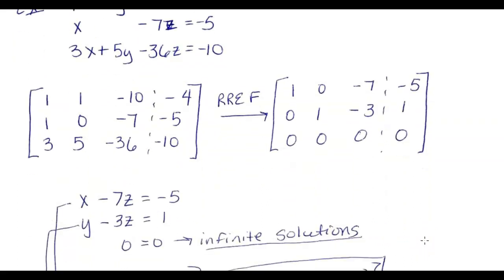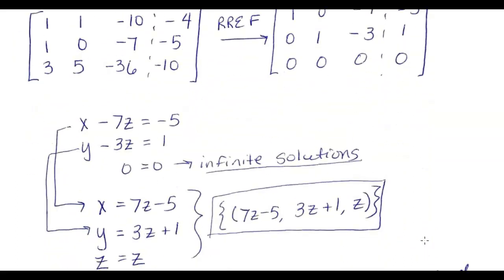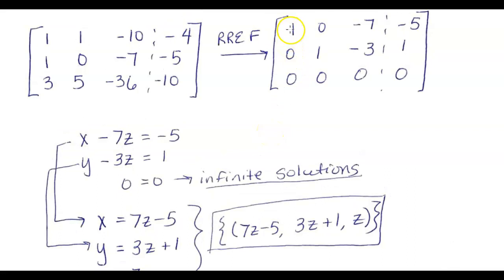Just like before, we will translate these back into equation form. This top equation would translate back as 1x, no y's, minus 7z equals negative 5. So x minus 7z equals negative 5. The second line, there are no x's, so this would mean 1y minus 3z equals 1.